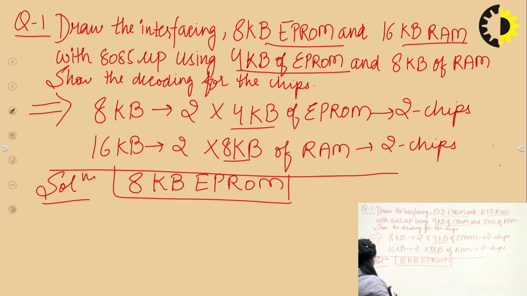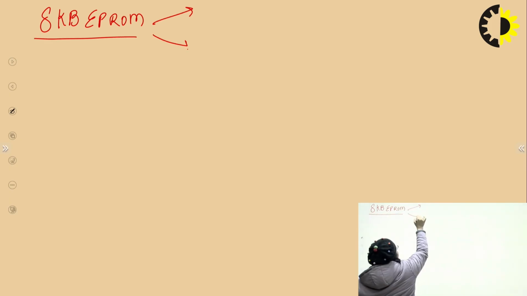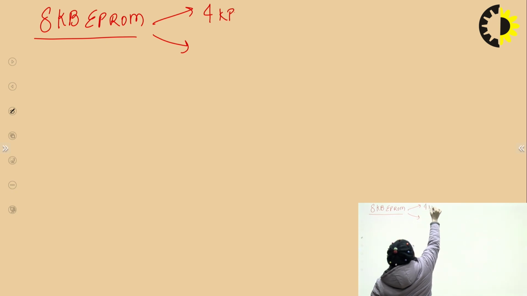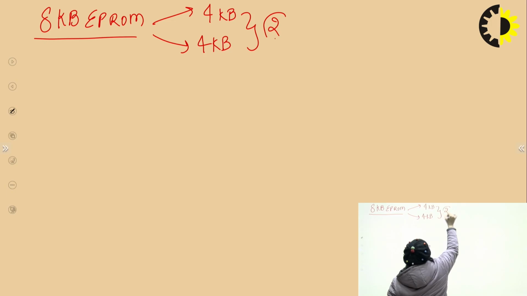So for 8 KB EPROM, I need 2 chips, 4 KB and 4 KB. Simple. So the number of chips required is 2.